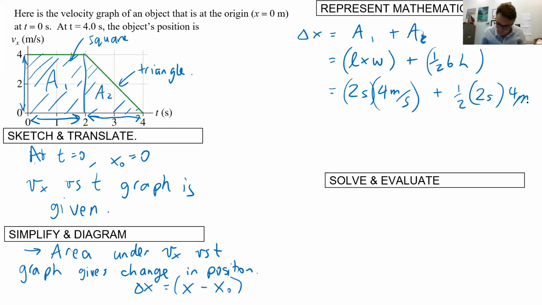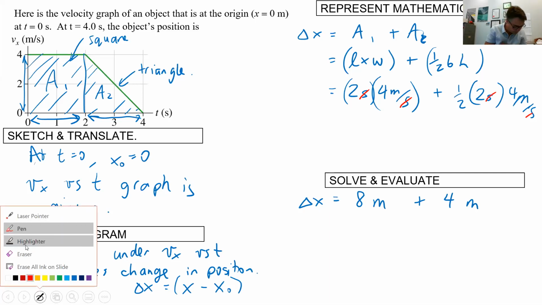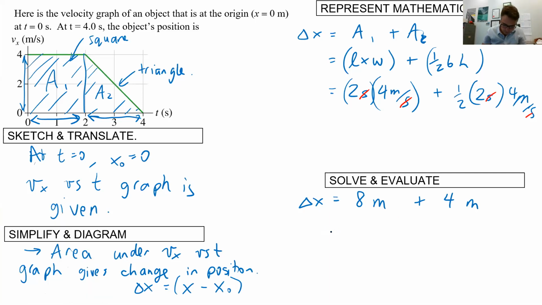So delta x is equal to 2 times 4, which is 8 meters, plus 2 times 4 divided by 2, which is 4 meters. When you're careful about this, the seconds cancel and you get meters. So it's 12 meters. And x0 equals 0, so x final is equal to 12 meters.